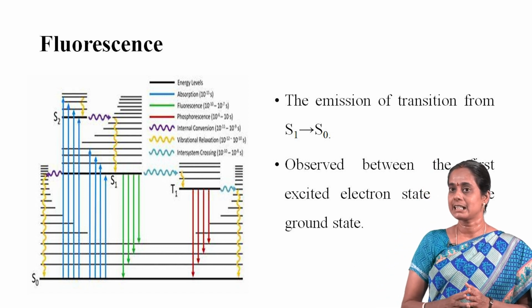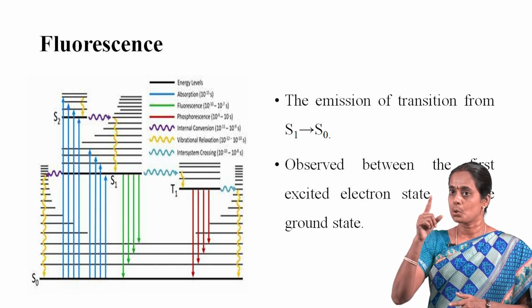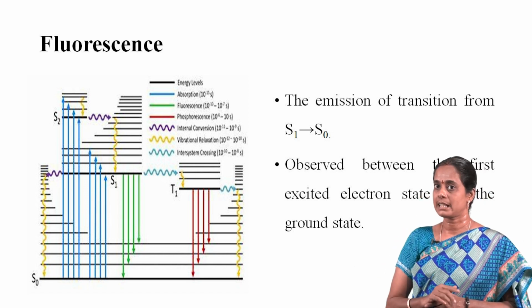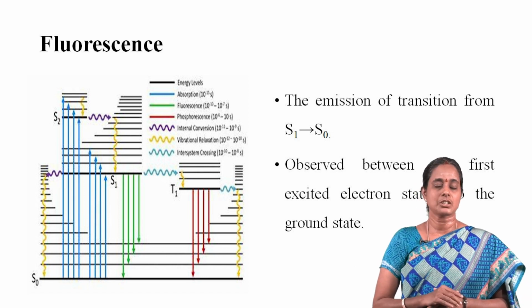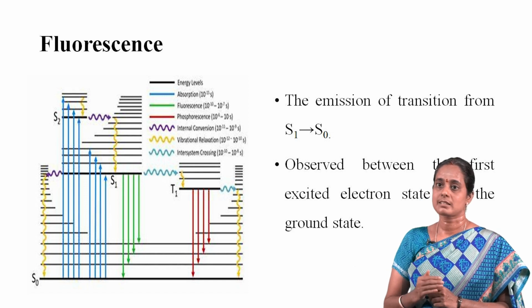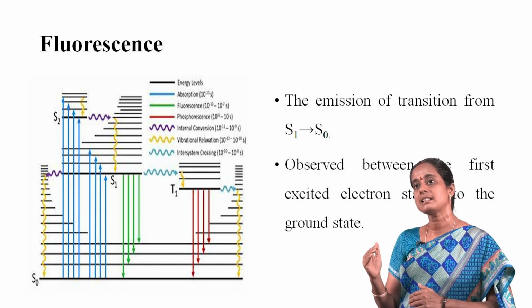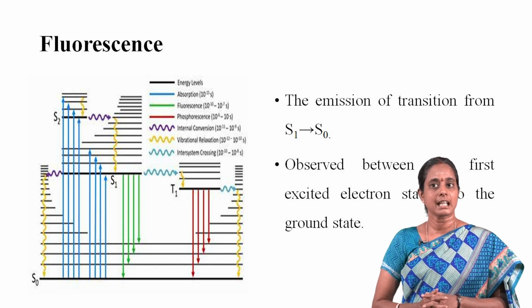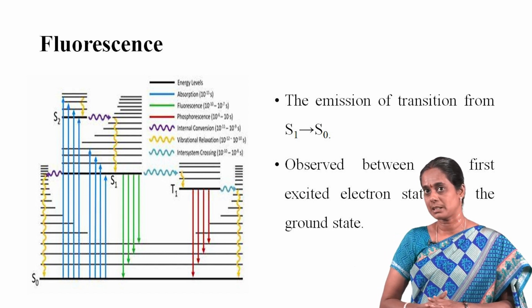This is indicated as a straight line going down the energy axis between electronic states. It is an allowed transition, with a timescale between 10 to the power minus 9 and 10 to the power minus 7 seconds. It is not a very likely path of relaxation.